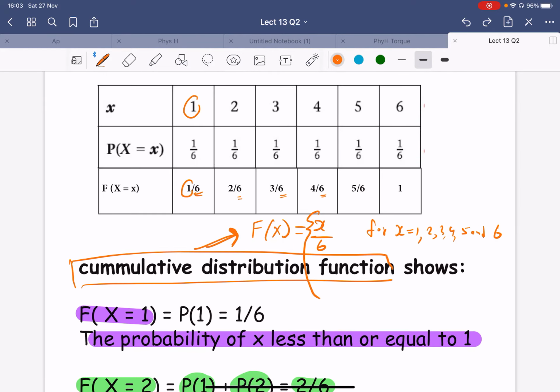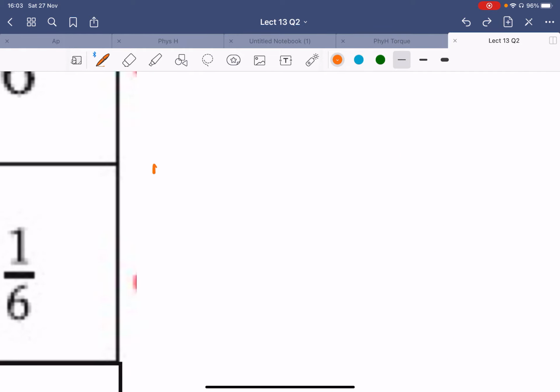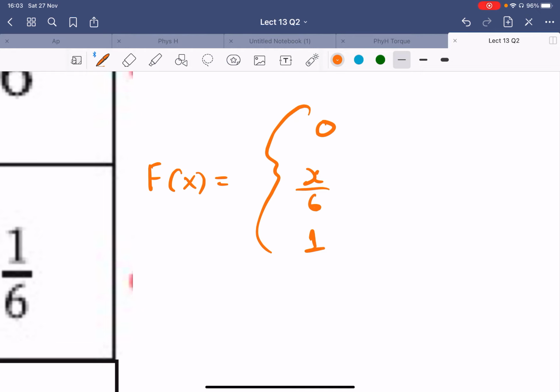I need more space. Okay, let me zoom in here. So f of x is equal to the starting 0, and then x over 6, and then 1. This is for x equals 1, 2, 3, 4, 5, and 6.